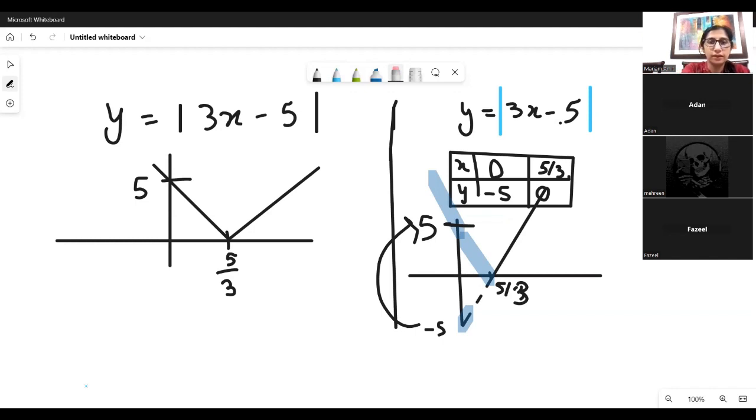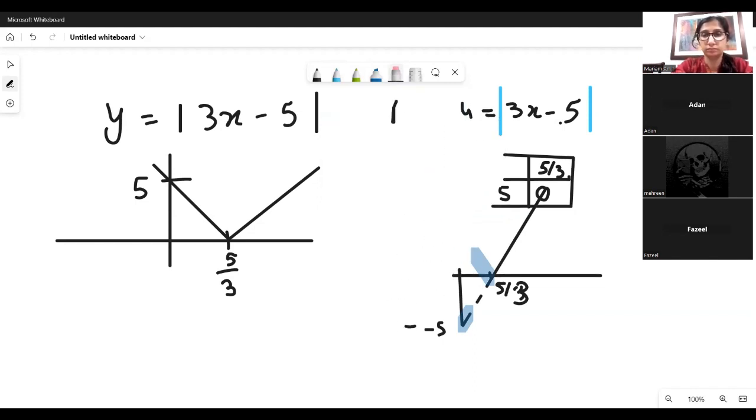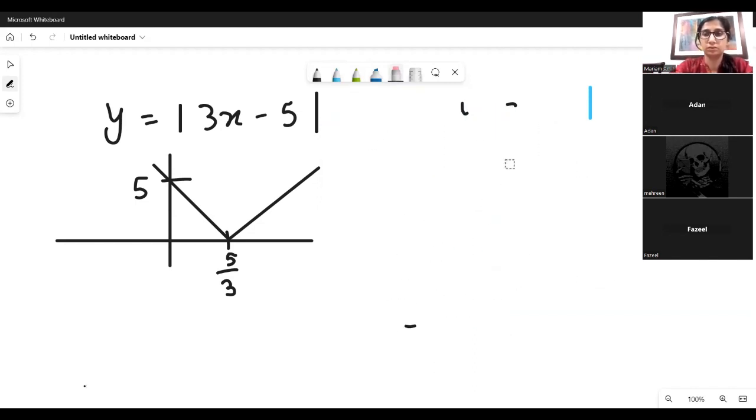Secondly, you might be asked to find values with a domain given with the question. You will be given a domain: x is between 0 and 3.